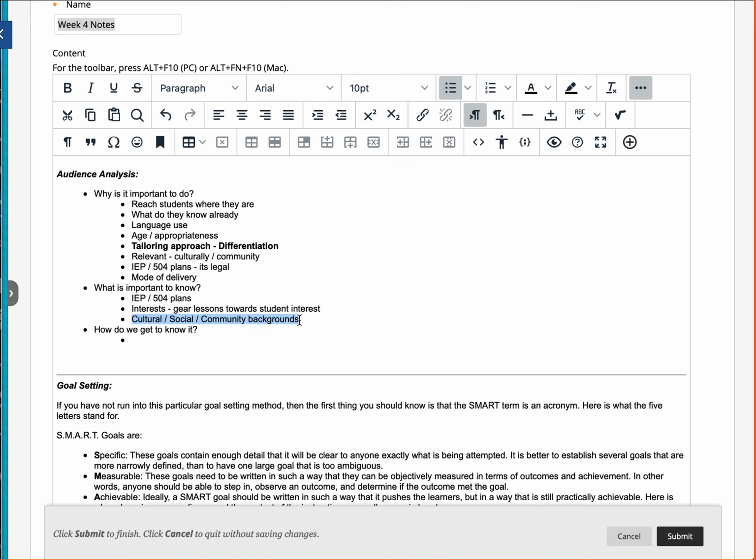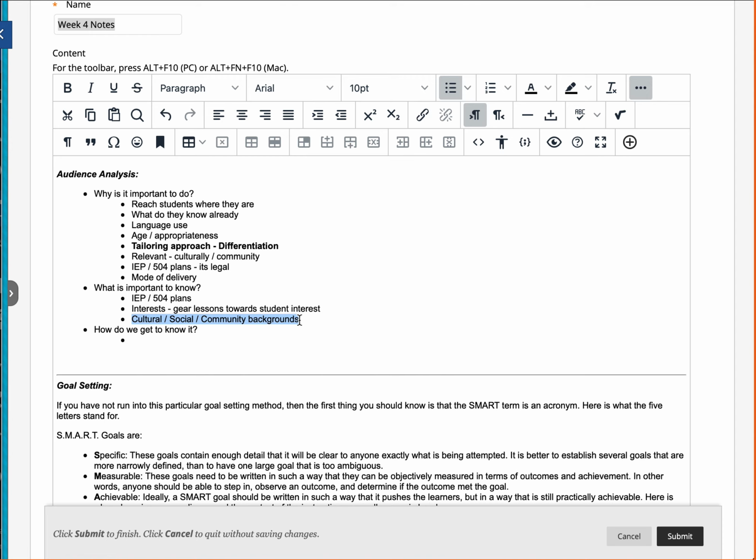But if I was living out where I am right now, but teaching in, say, Hartford or New Britain, I would want to do something so that I could get a better idea of what the cultural and social and community backgrounds are of the students, so that I would be able to connect to them, because it's probably not the same as where I'm living and what my day-to-day experience is. So it would be important for me to find that out.